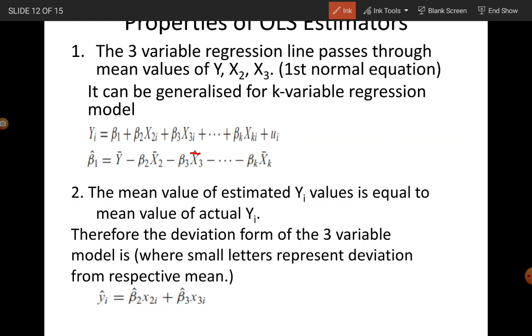So x2 bar means the sample mean of x2, x3 bar means the sample mean of variable x3, and so on.